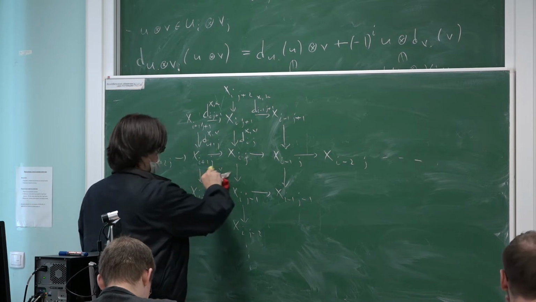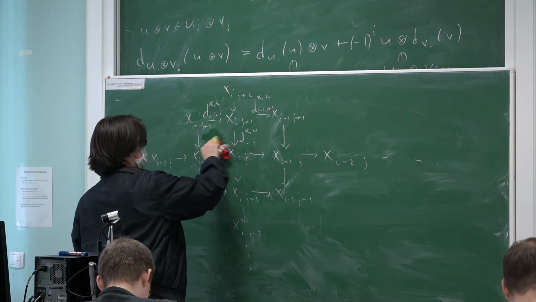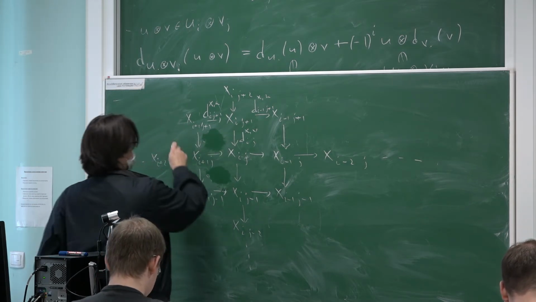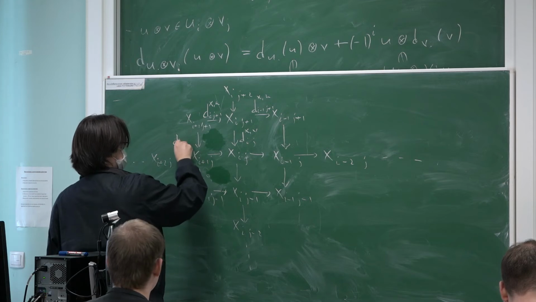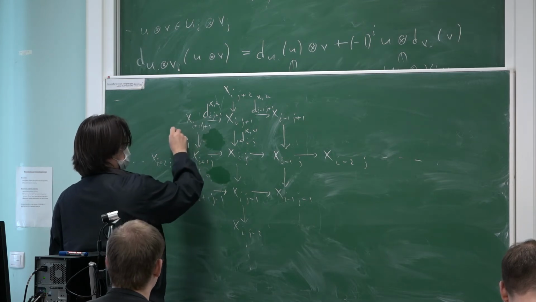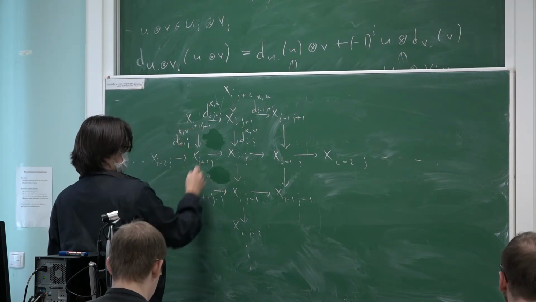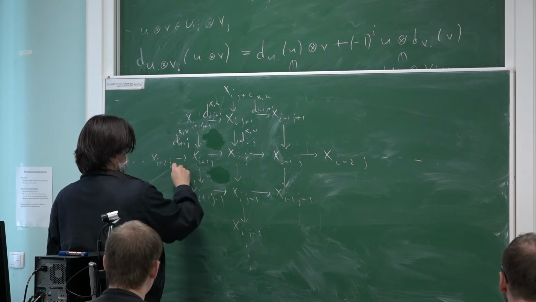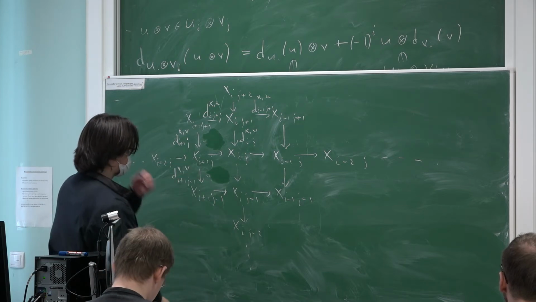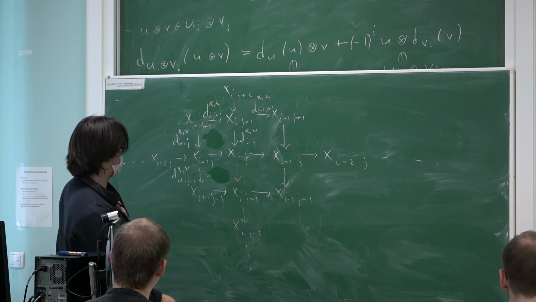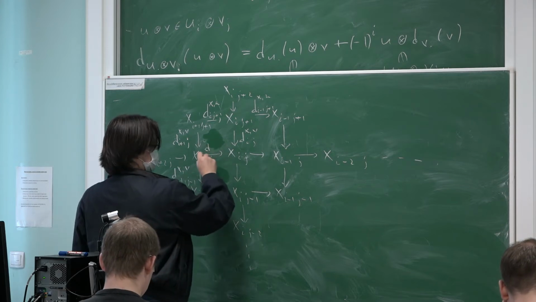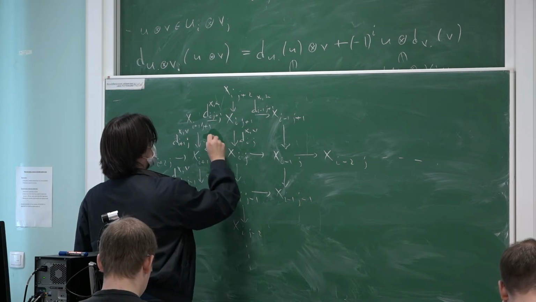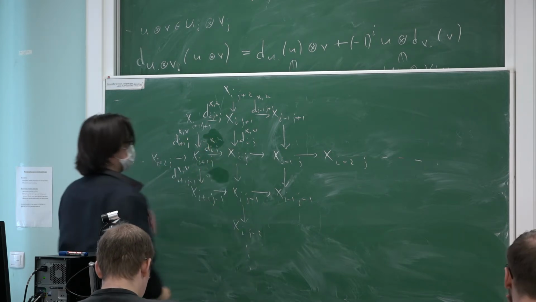Let's write this on the other side. So here d^v_{i+1,j}, here d^v_{i+1,j-1}. And here we have d^h_{ij}.